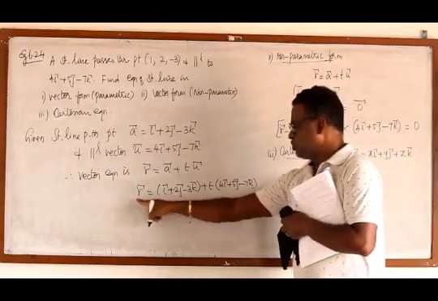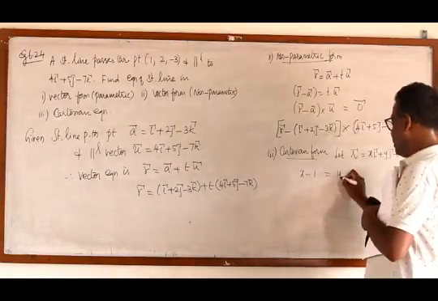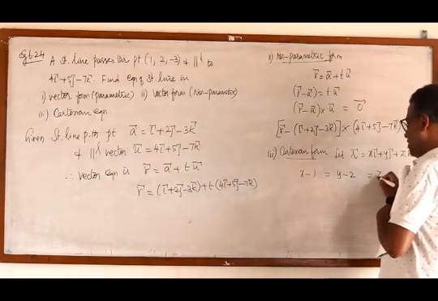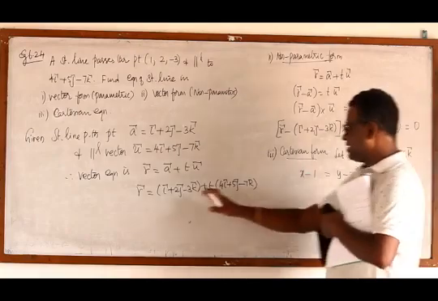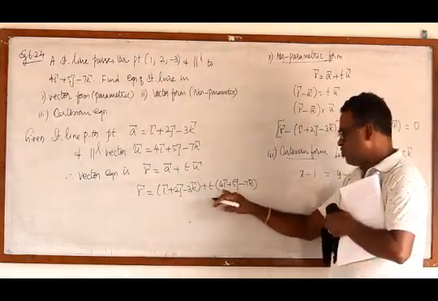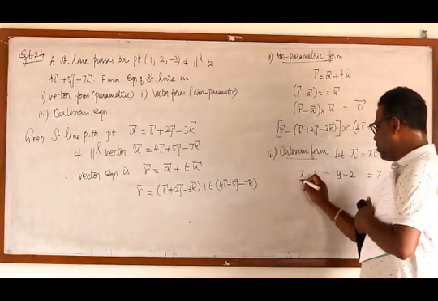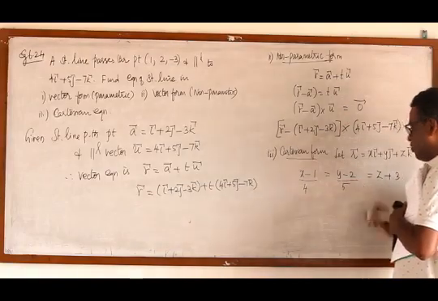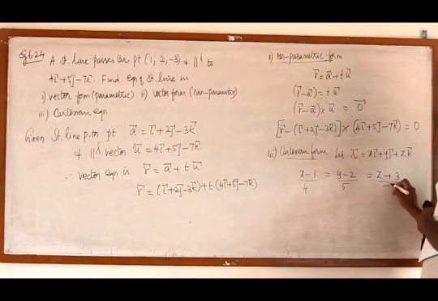So I write straight away: x - 1, this 1, equals y - 2, this 2, equals z + 3, when this -3 is taken to the other side, plus 3. Now what are the numbers with the scalar? 4, 5, -7. You write 4 under x, 5 under y, and -7 under z.